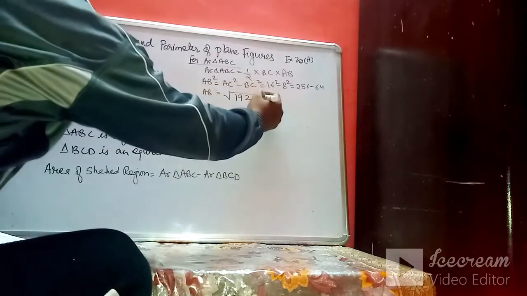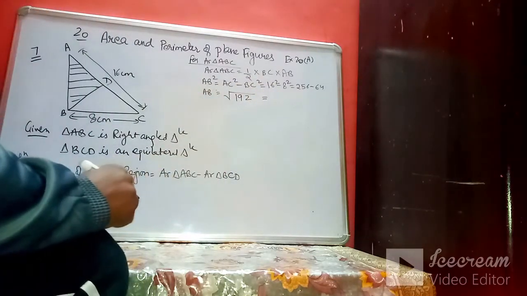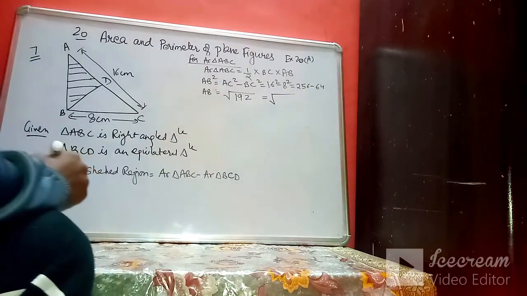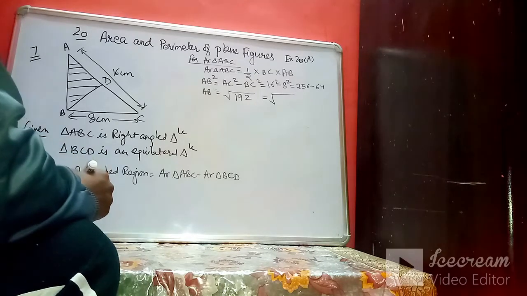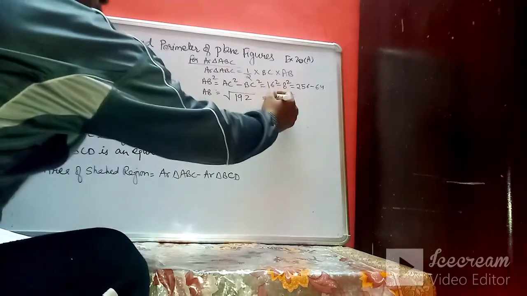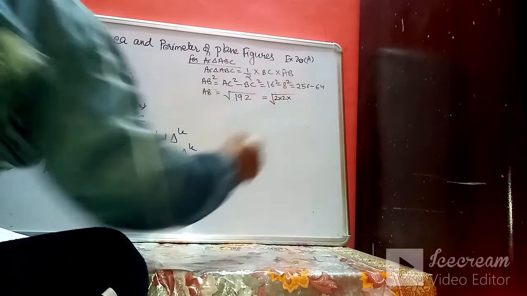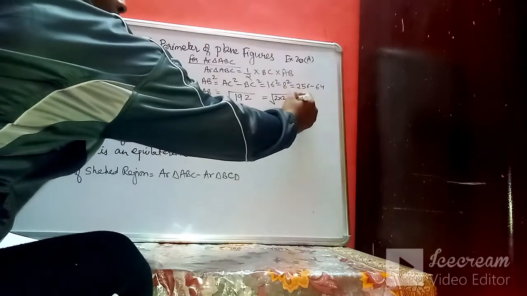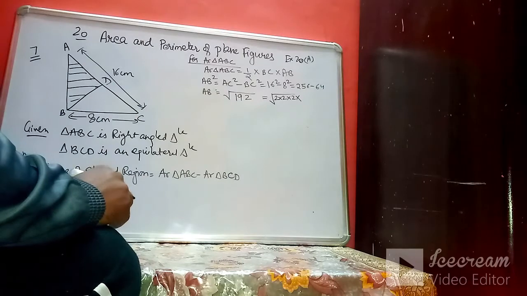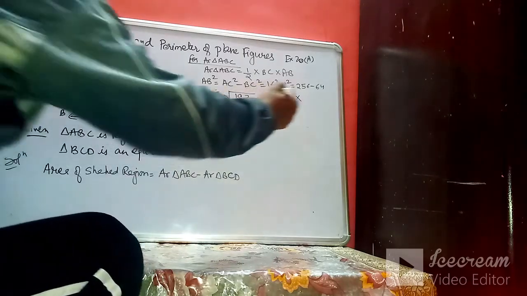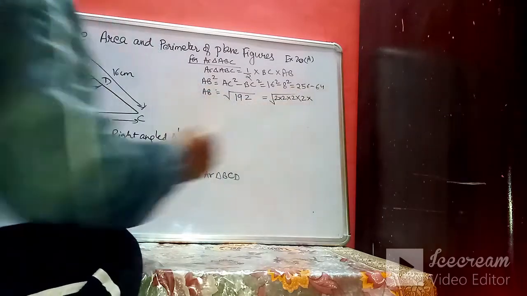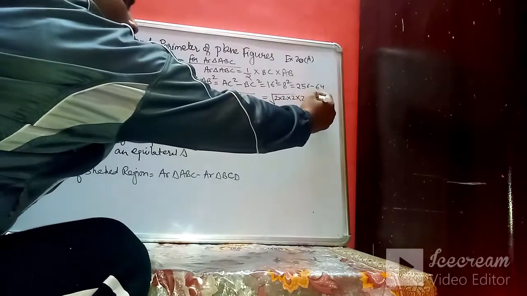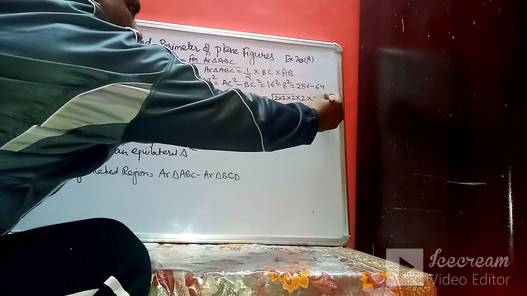Then we will do the prime factorization of 192: 2 into 2 into 2 into 2 into 2 into 2 into 3.